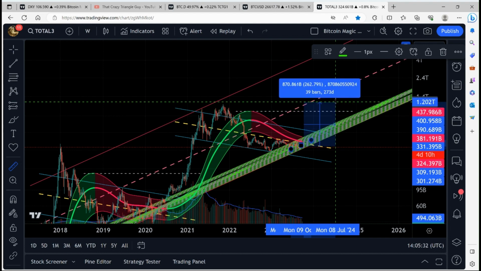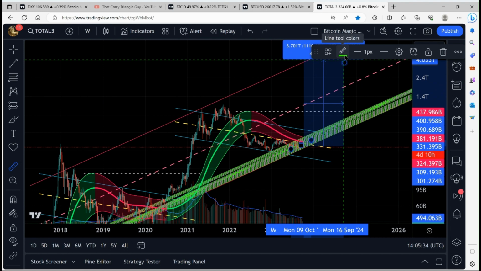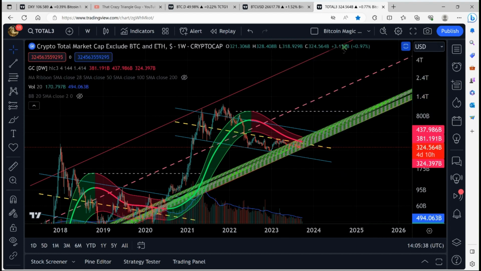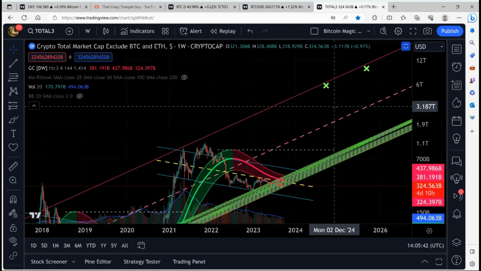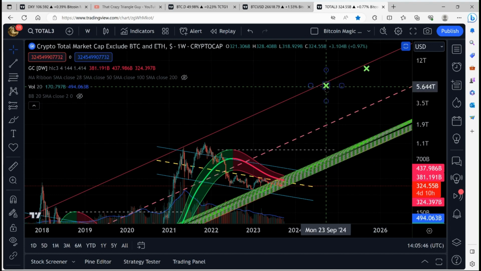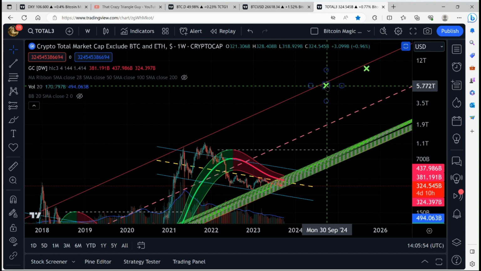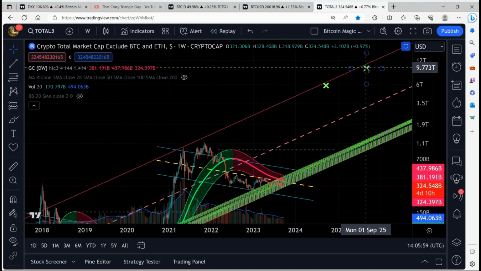And then we shoot upwards. And where do we shoot upwards to? This green X that I put there at some point in the past. And these are the price targets I've predicted for the altcoin market in September 24 and September 25.